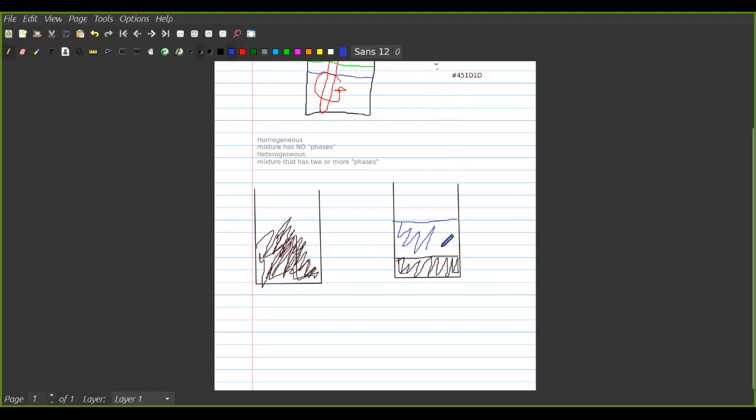So that's a dispersion, when we have a dispersant and a dispersed thing.